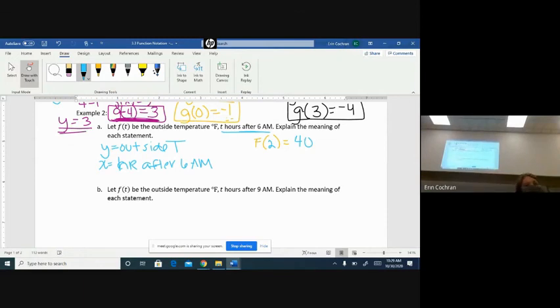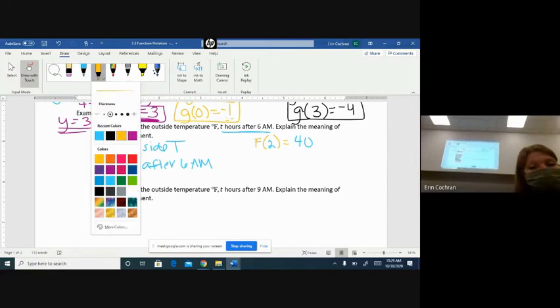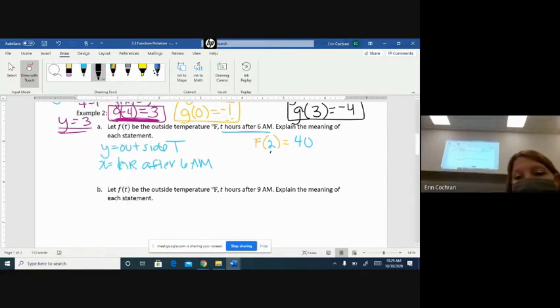Well, let's think about this real quick. What does this 2 represent? Is that my x or my y? Remember, it's f of x, usually x equals what? Y, right? So what does that 2 represent? X. So my x is 2. What's the 40 represent? That's my y, right? Which is 40.